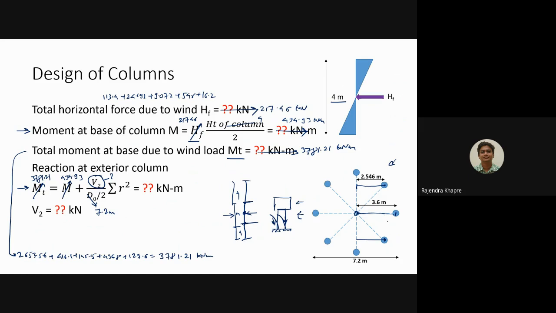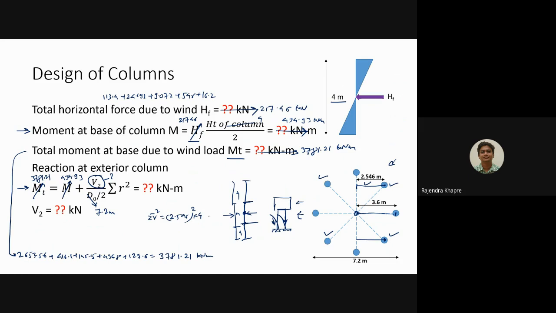For the summation of r square, you have to go for both sides. So 2.546 applies to this column, this column, this column, and this column. So your summation of r square will be 2.546 squared multiplied by 4.